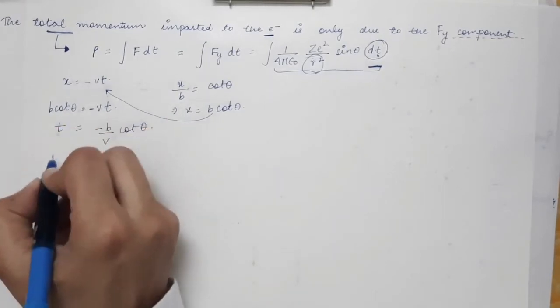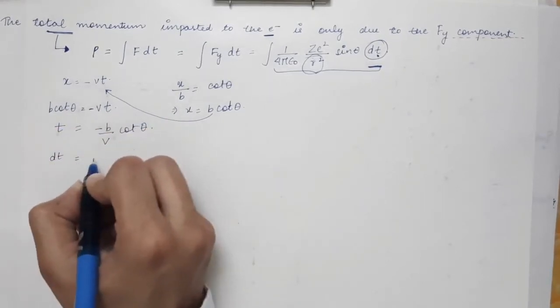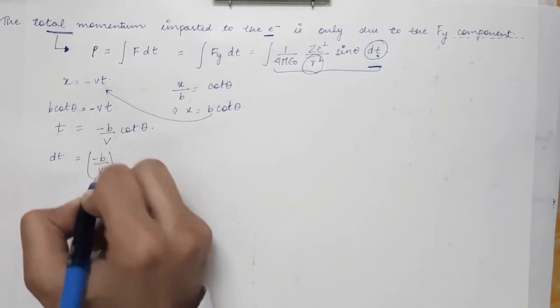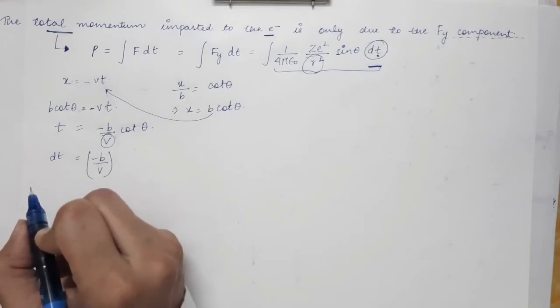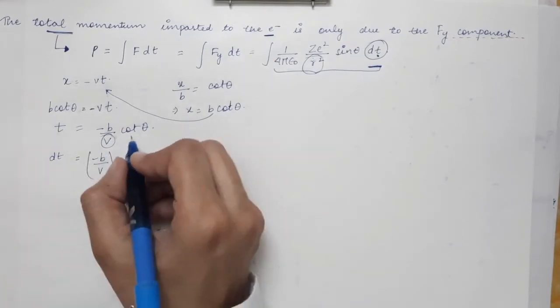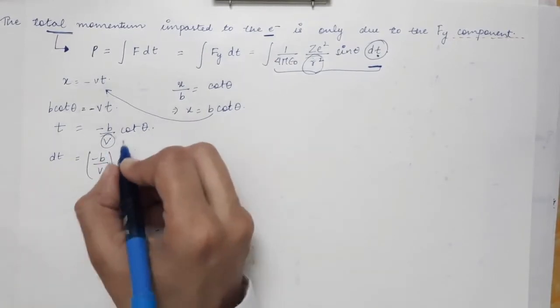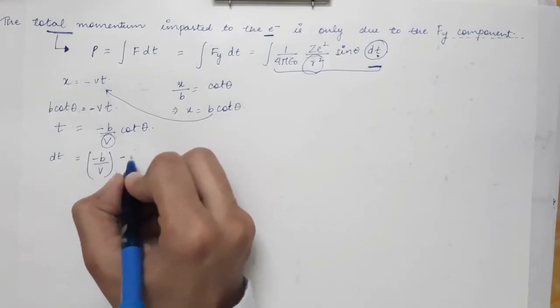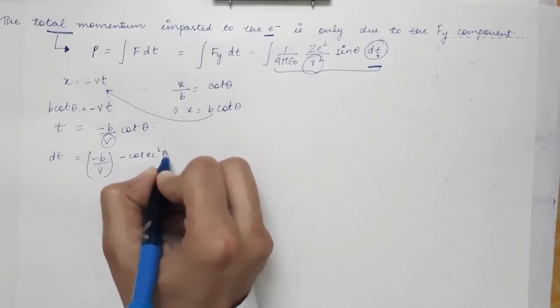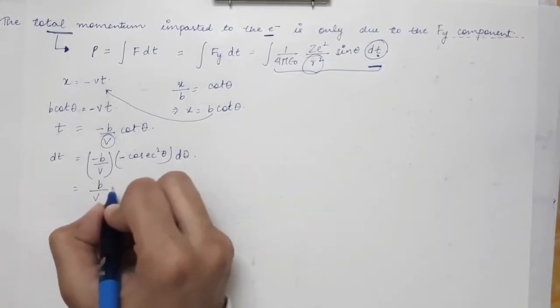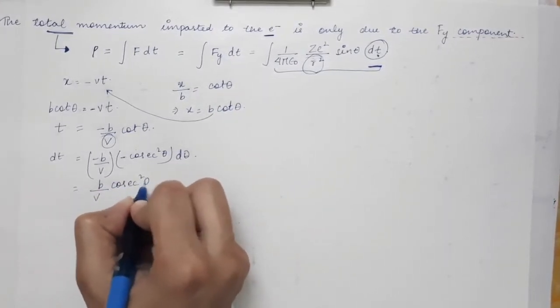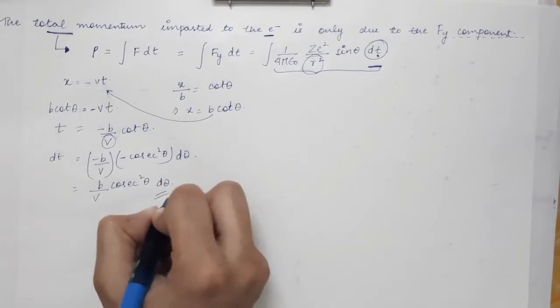So we will take its derivative. So dt will be equal to minus b by v. They are constants. At a particular instant of time, velocity is constant. So this was the assumption. Then the derivative of cot of theta will be minus cosecant square theta into d theta. So this will be equal to b by v cosecant square theta into d theta.